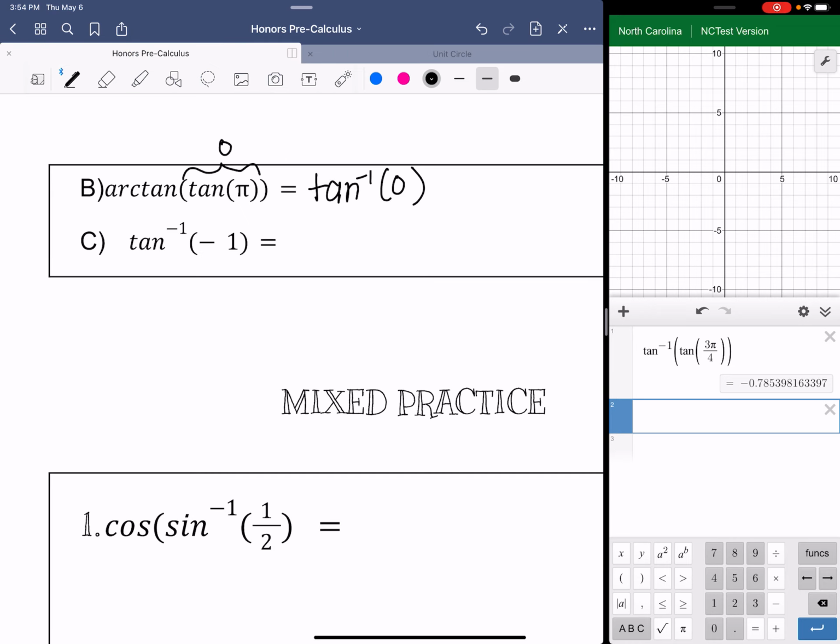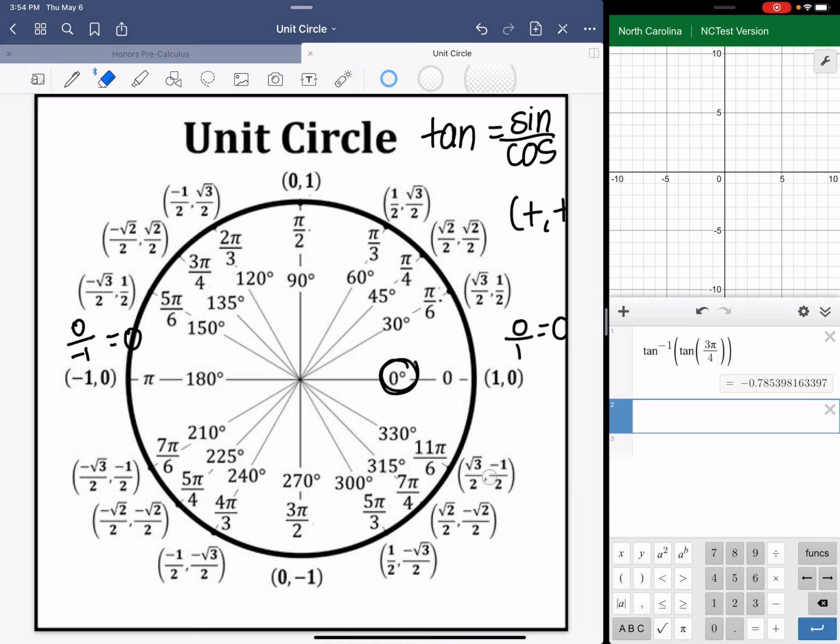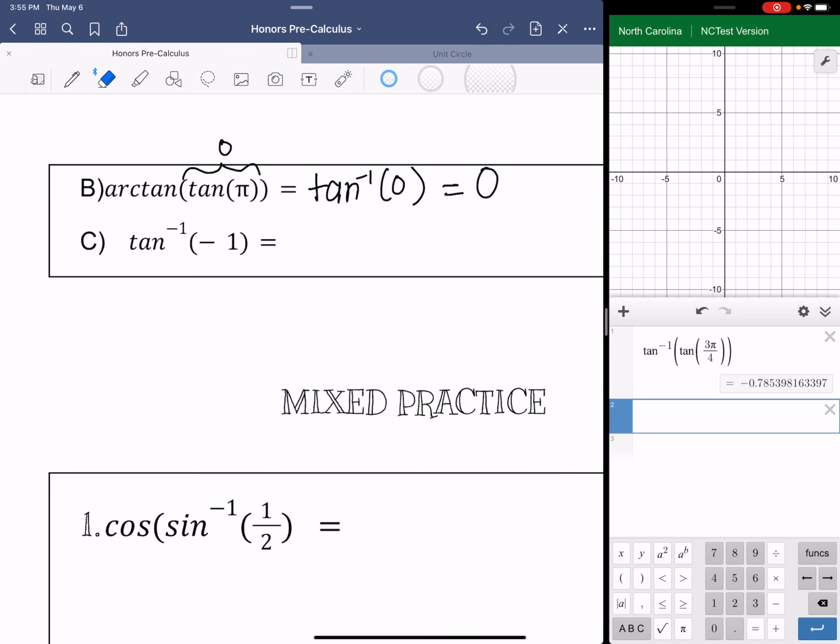And then we have the tan inverse of negative 1. So let me erase some of this stuff that I've written over here. We're still looking at a negative value.